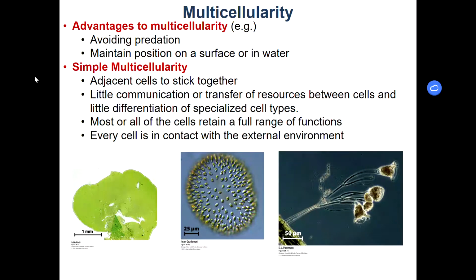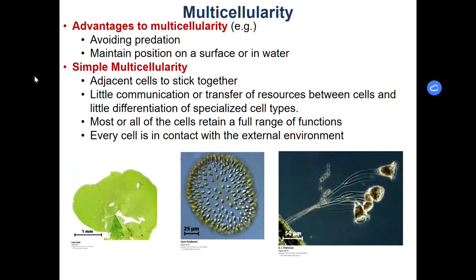Did they move fast or slow? Oh, it depended, but a lot of them zipped around, right? Think about the rotifer. How fast did the rotifer move? It moved really fast.